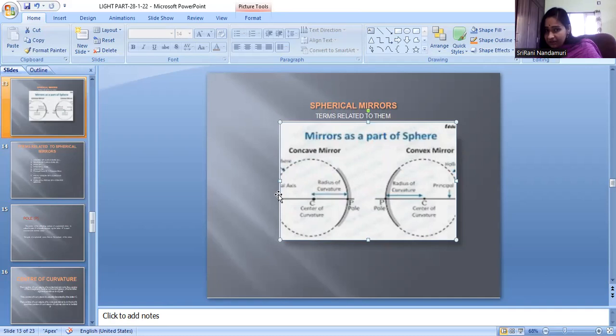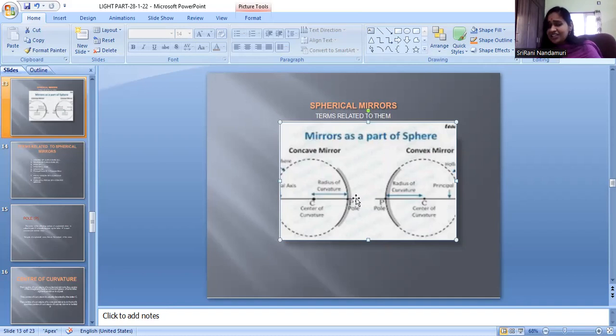From the pole to the center of curvature is the radius of curvature, and you extend the line through the complete sphere. This complete imaginary line is called the principal axis.